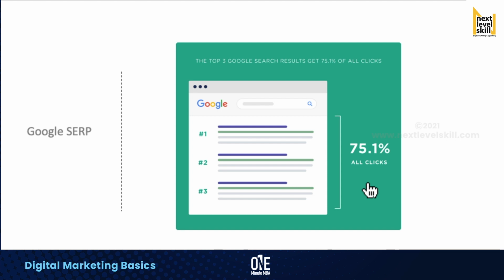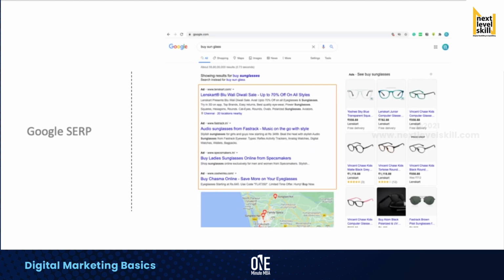You have to come at least in the first 3 results. Second, paid results often push the organic ranking down in the search engine result pages. I typed 'buy sunglasses' and you can see all the organic results have been pushed down by the advertisements. So this is exactly what search engine marketing is as well.